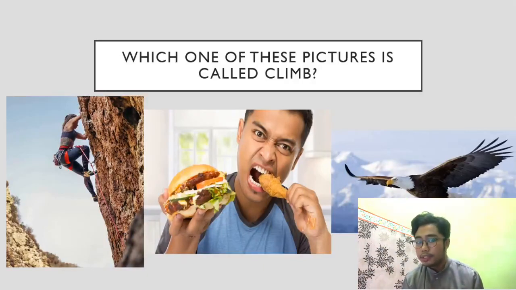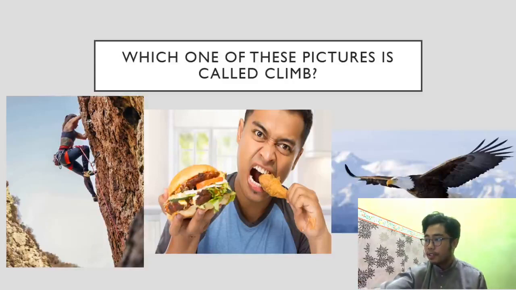He looks angry and he's eating a burger and a fried chicken drumstick. So there is no climb. The third picture is an eagle. So an eagle is in the sky. So it's flying. So fly. The first picture is climb.